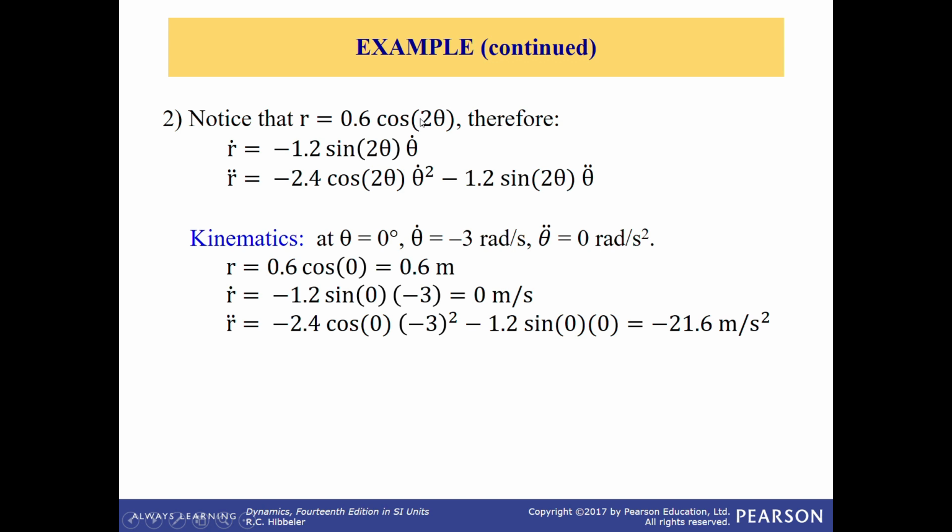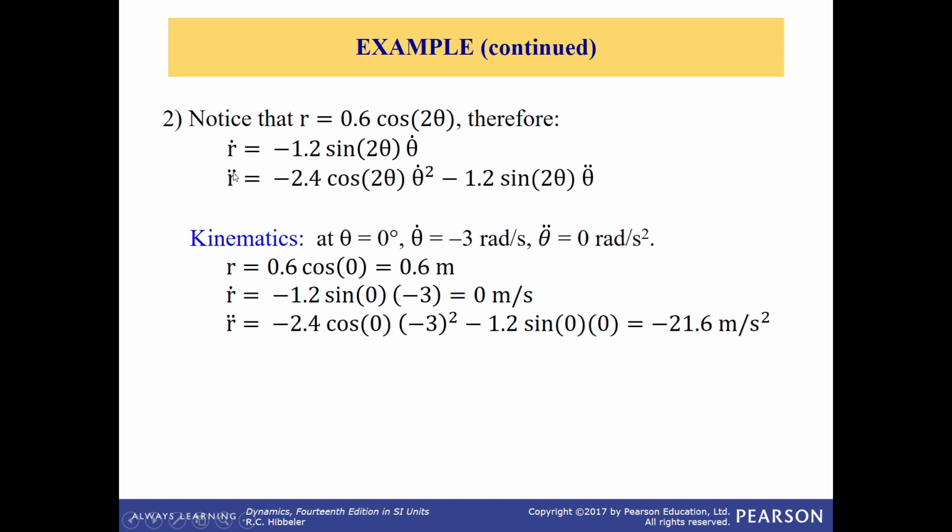When we derive that with respect to time, I will say r dot equal to negative 1.2 sine 2 theta times theta dot. And later I can use the product rule to solve this equation as well as r double dot.